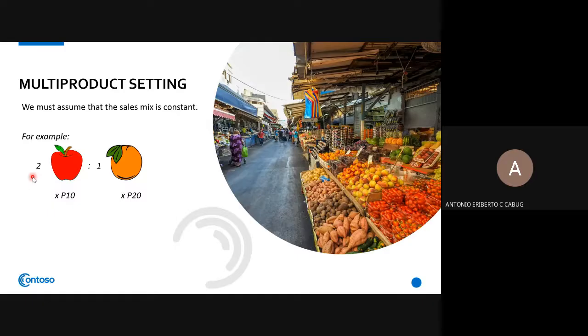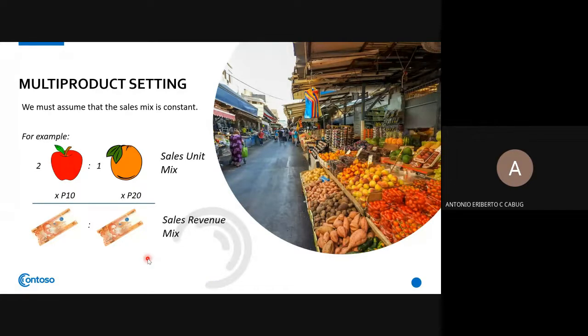So, sa dalawang apple na nabebenta mo, kumikita ka ng 20 at sa isang orange, 20 din, no? 20 sa 20. You would notice that the revenue mix is 1:1. So the sales unit mix is 2:1, but the revenue mix, equal yung revenues galing sa apple tsaka sa orange in a given period. It's 1:1.